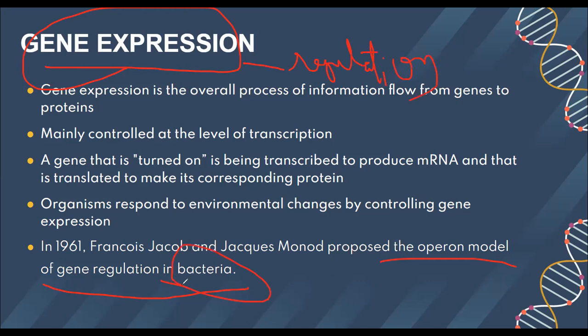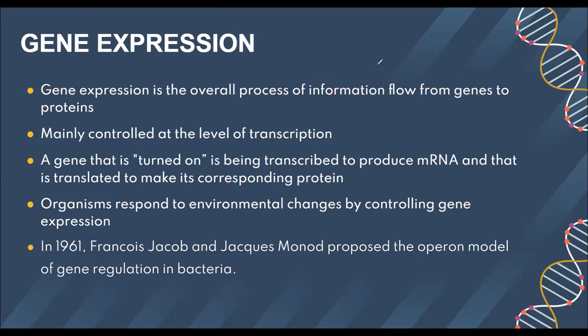They were working with bacteria and discovered that even these single-celled organisms, prokaryotes, have very tightly controlled gene regulation. One such example that we are going to study is the lac operon model. What is an operon? We are going to see it in a short while.